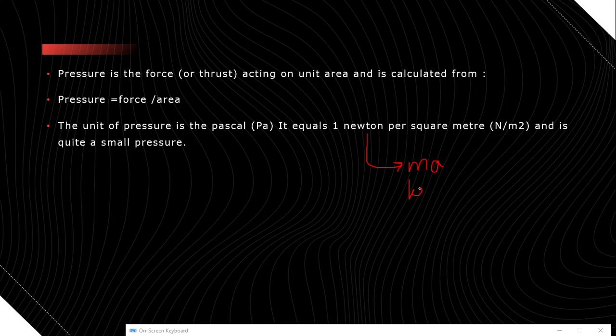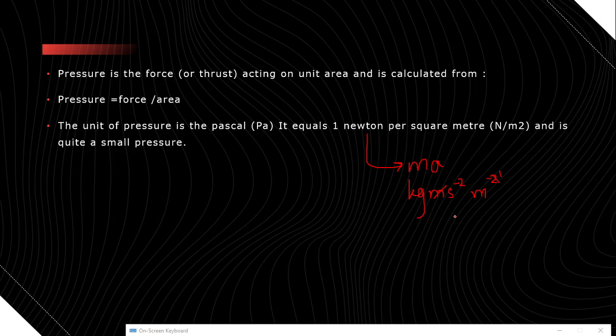So kilogram meters per second squared, per square meter. Now this negative indices basically show per or fraction, per square meter. So this cancels and this makes it -1.